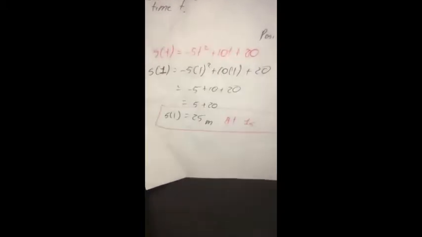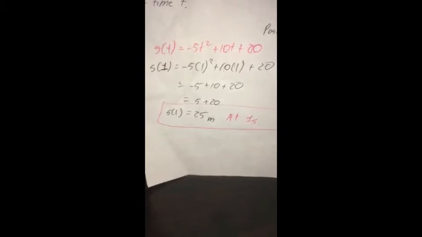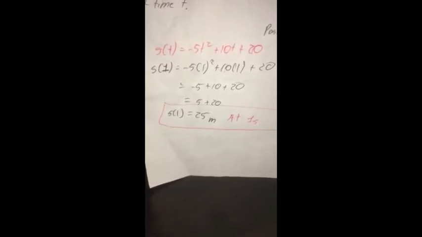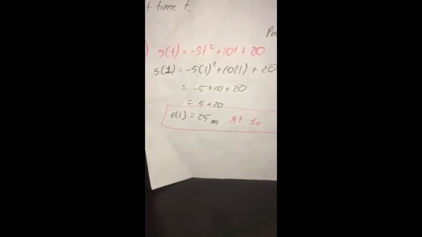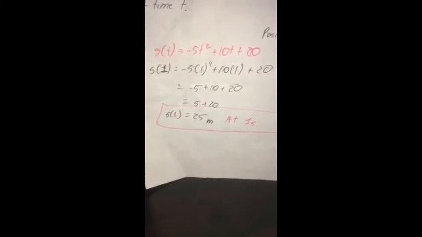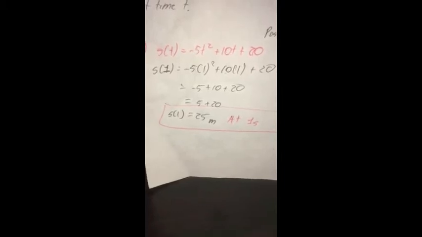In this case, we're going to use the position formula, and we're going to substitute the 1 second in the formula. So actually it's very easy. It's just like substituting 1 second for the time, and it's completely the same, because if you multiply times 1, it's the same.